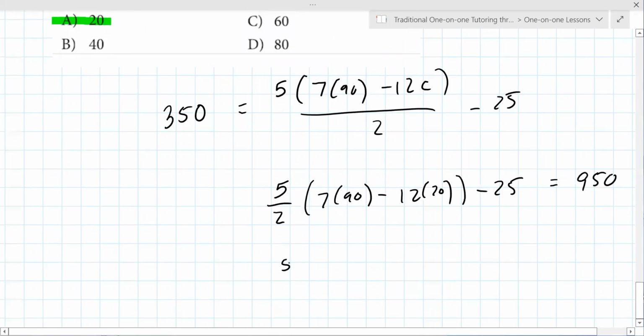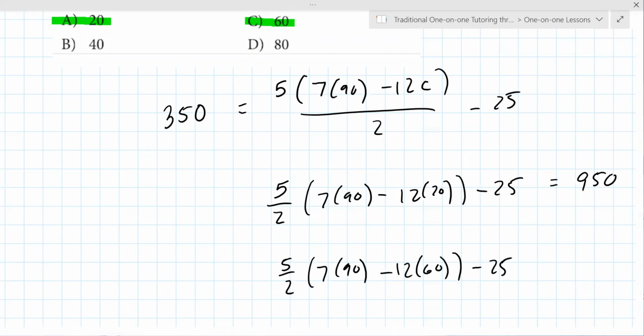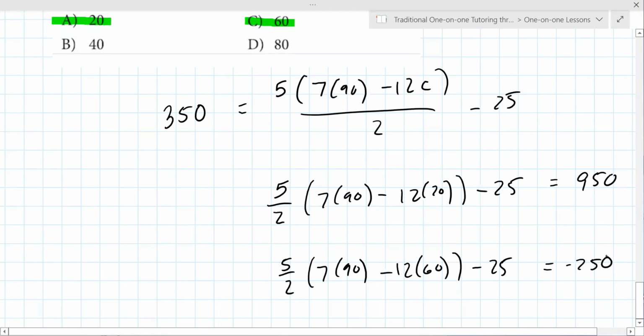Now I want you to do the same calculation, but this time put in 60 for C. So B, the only thing that changes here is it's 12 times 60 minus 25. I got negative 250. Yes.